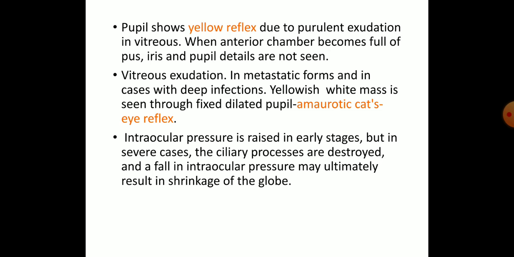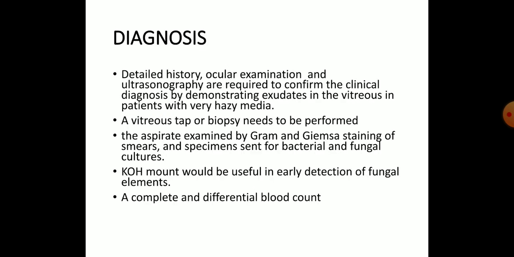And amaurotic cat's eye reflex: you can see a yellowish-white mass through the fixed dilated pupil. IOP is raised in the early stage, or it may decrease later.